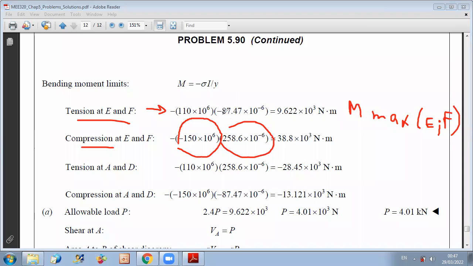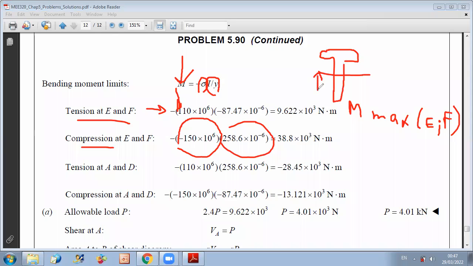Why? Because the bending moment limit is equal to the product of sigma times I over Y. In this case, the critical moment will of course be tension at E and F, because tension has the lowest allowable stress, and it's also the smaller I over Y, because Y represents C here.